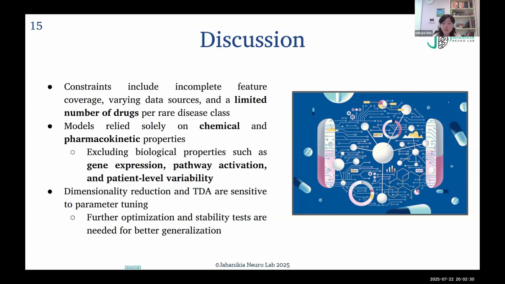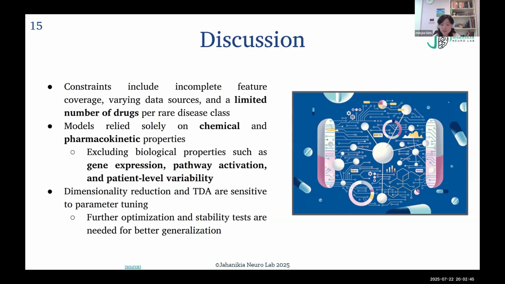Second, our current model relies actually only on chemical and pharmacokinetic properties. This means that we looked at factors such as molecular structure, molecular weight.